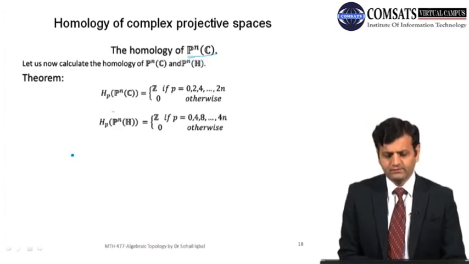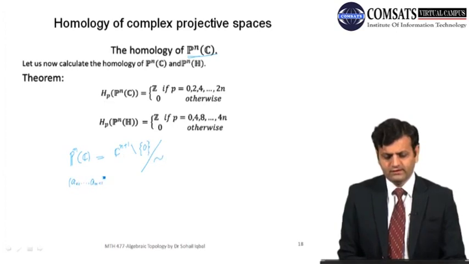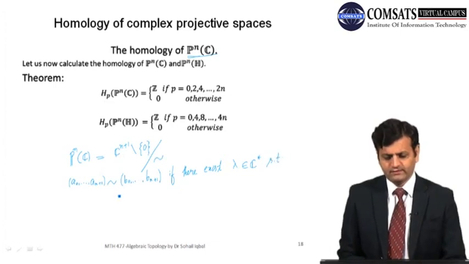So basically this PnC is: take C^(n+1), take this 0 out and take its quotient with the following equivalence relation, and the equivalence relation is (a0, ..., an) is equivalent to (b0, ..., bn) if there exists lambda belonging to C star such that (a0, ..., an) is equal to lambda times (b0, ..., bn).